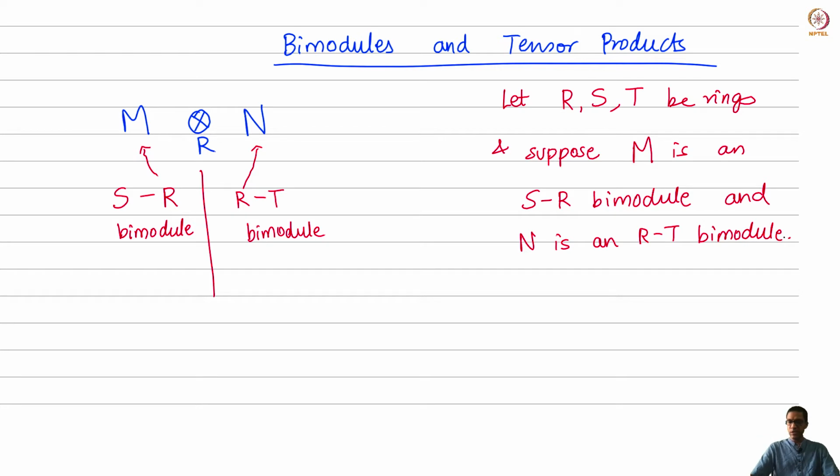What this essentially means is that in addition to the bare minimum we require in order to construct the tensor product, which is the R actions on the right and on the left, there is some additional structure that both M and N have.